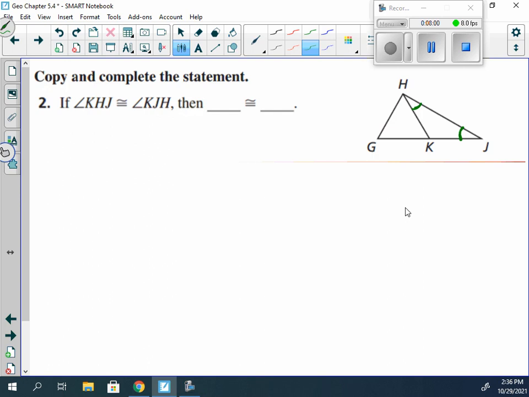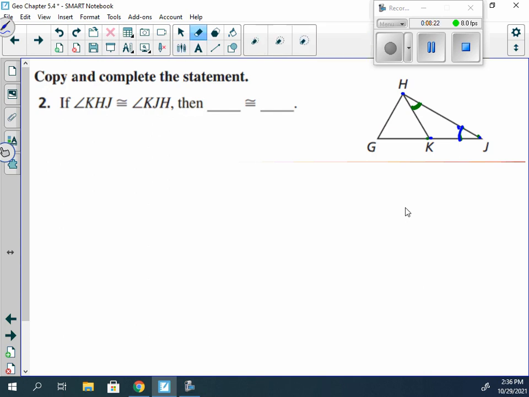So KHJ would be this angle here. KJH would be this angle here. Questions on this here? Okay? So these are naming the angles, and we trace it out.